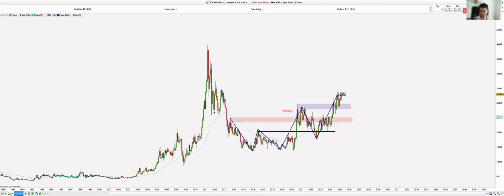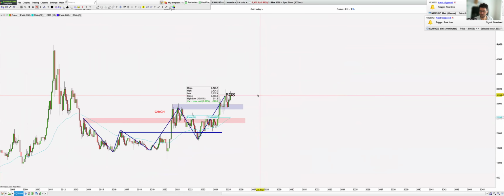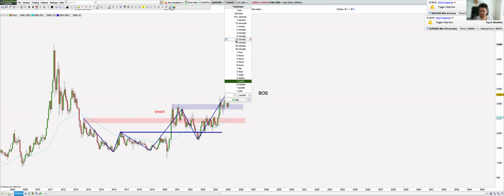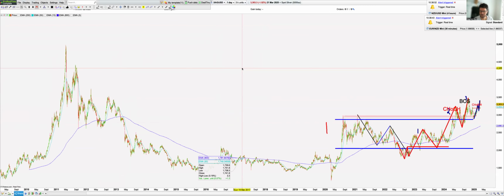Silver is always fantastic. I'm waiting for the month to close. I mean, this is absolutely perfect for an aggressive move higher. It's so perfect. It's crazy. But the month has to close first.